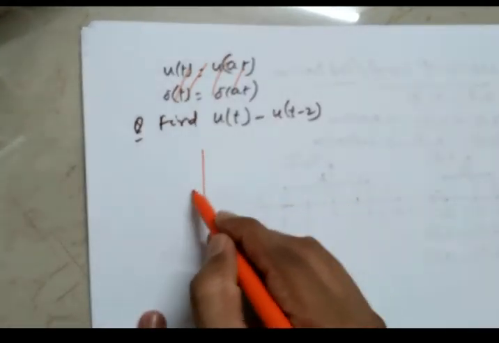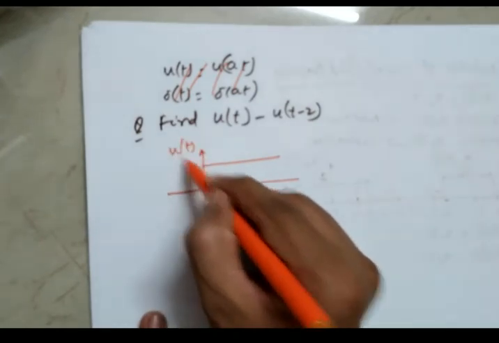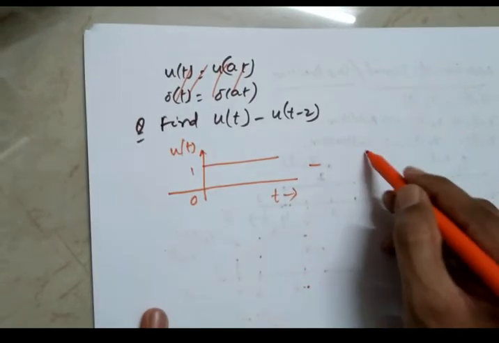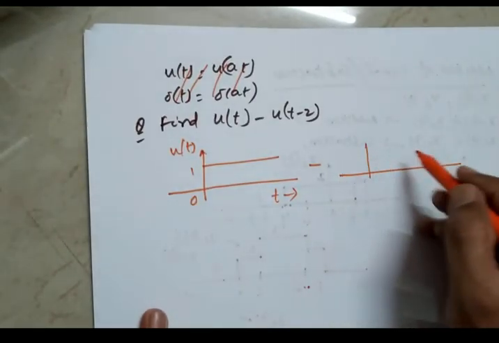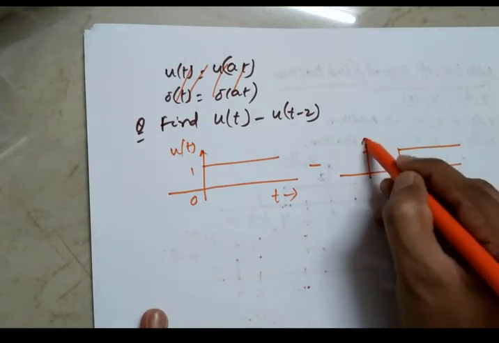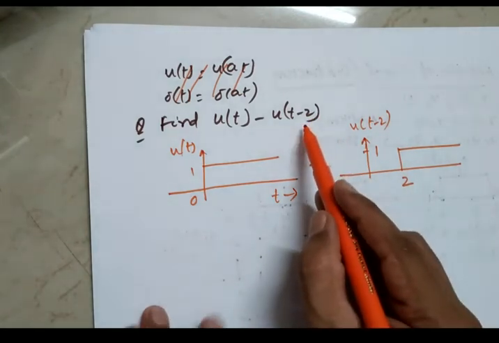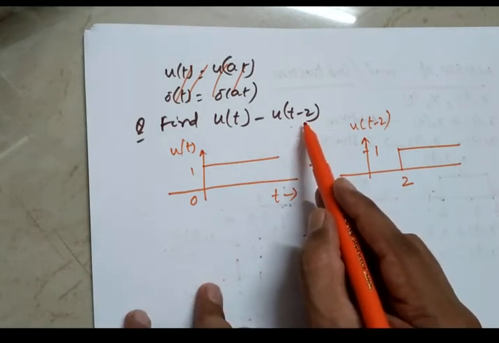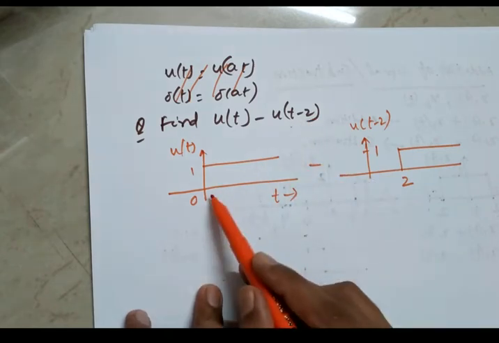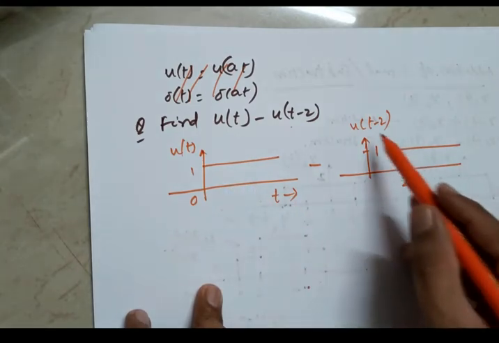Same: u(t), the unit step signal, minus u(t minus 2). This is your u(t minus 2). Already I said that t minus 2 means delay. Delay means the signal will shift right hand side by 2 units. This is u(t). If you shift this signal 2 units right hand side, you will get this signal u(t minus 2).